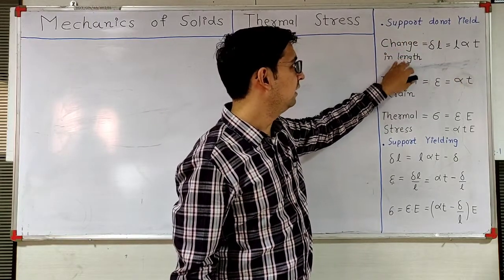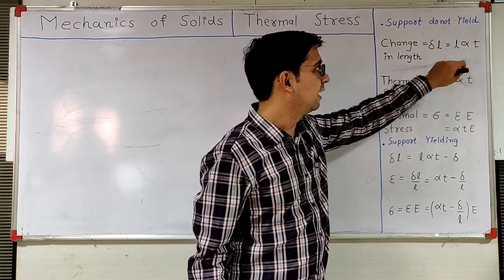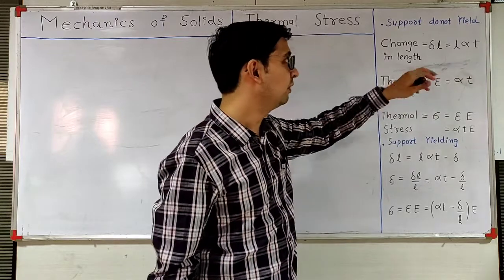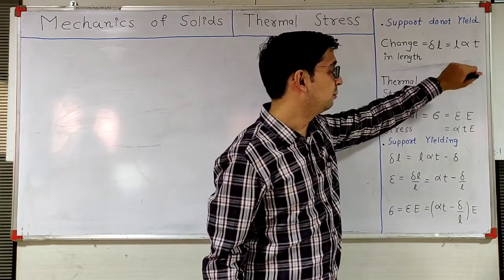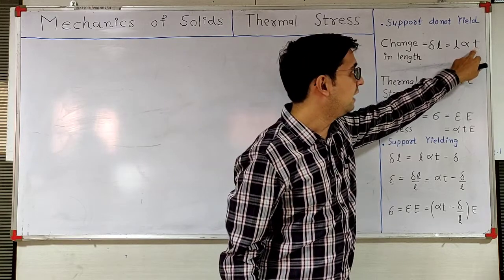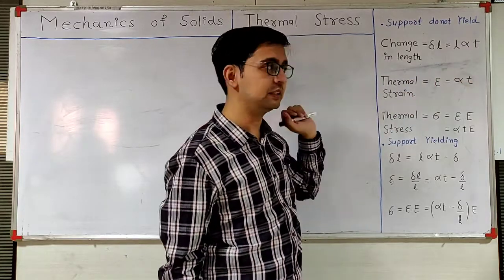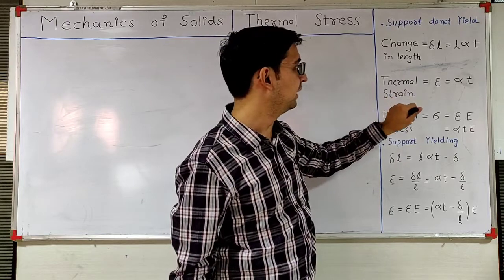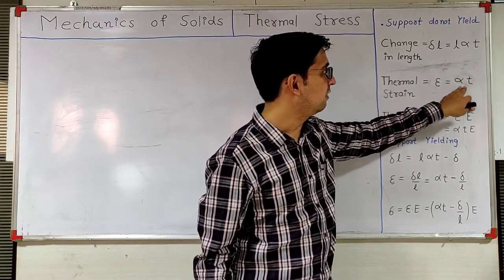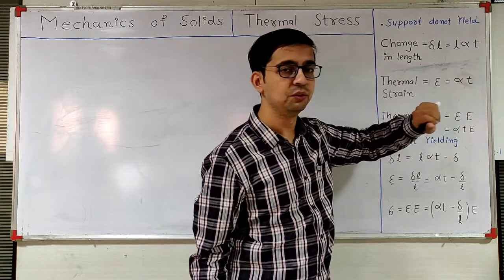Change in length is denoted by delta L and the equation is L alpha T. L is the actual length of the member, alpha is the coefficient of thermal expansion, and T is the change in temperature.